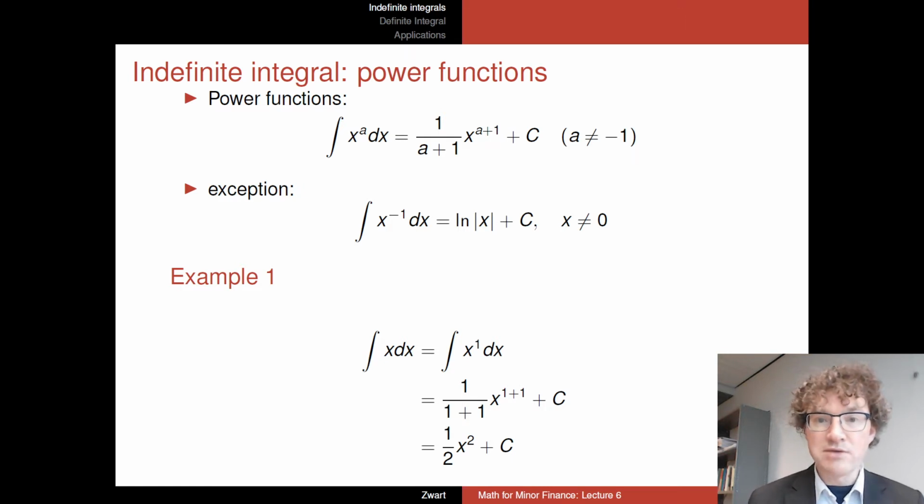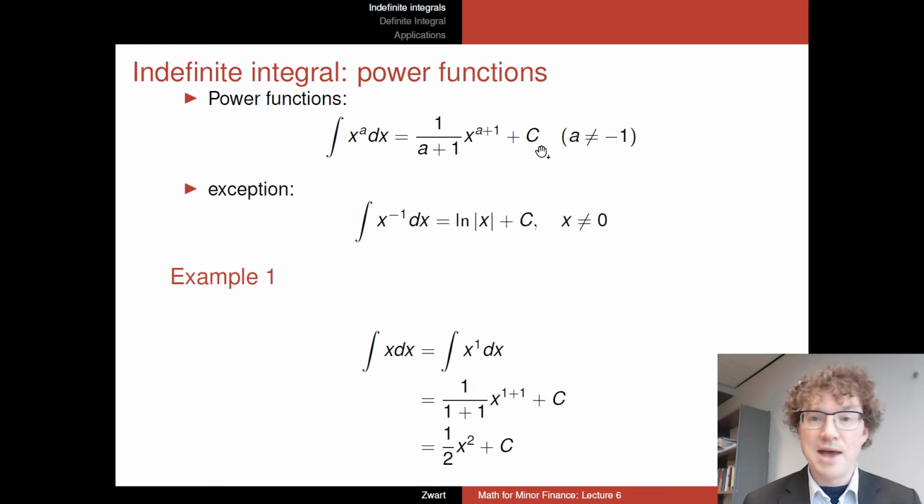The a plus 1 goes in front, so somehow we have to get rid of that, and that's why we have this prefactor here. We also divide by a plus 1, so the a plus 1 which goes down to the front will cancel against the a plus 1 in the denominator. And you can see indeed a is not supposed to be -1 because then this trick doesn't work. So this function indeed will be the capital F associated to the little f, x to the a.